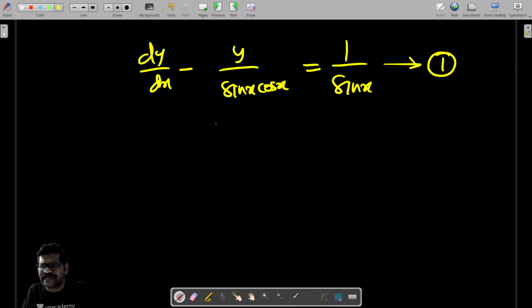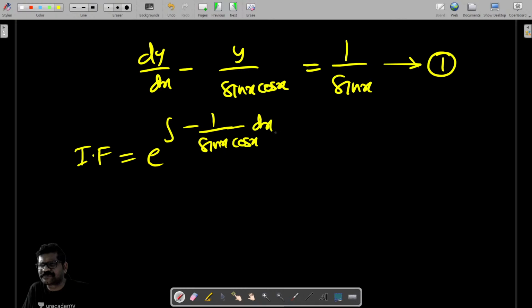We have to find the integrating factor. The integrating factor is e power integral p dx. So what is p here? Minus 1 by sin x cos x dx.